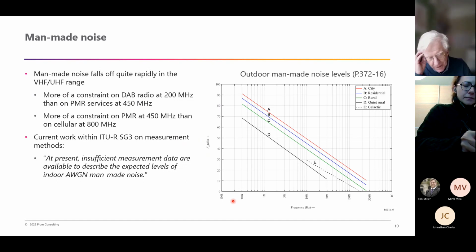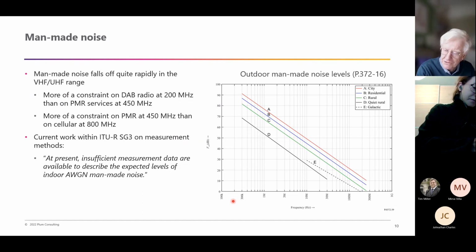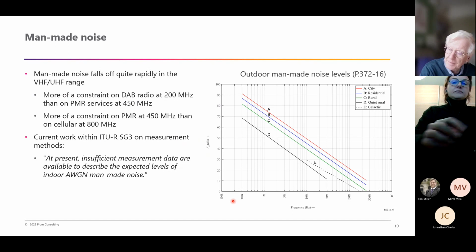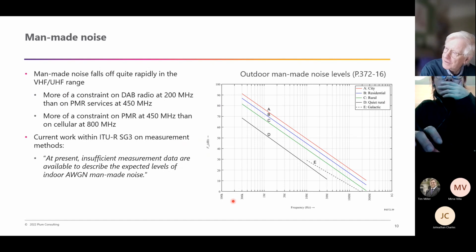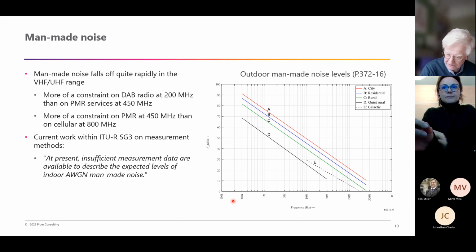But anecdotally, I've certainly seen an increase in interference at higher and higher frequencies. So it used to be very seldom that you'd have much man-made noise beyond about 100 megahertz. And now that's crept up into the UHF spectrum.